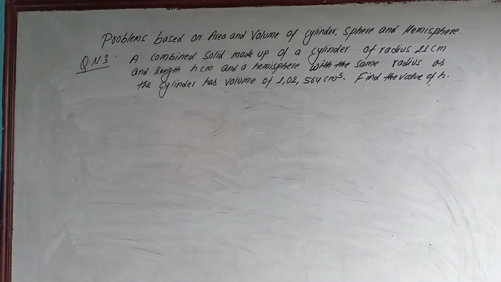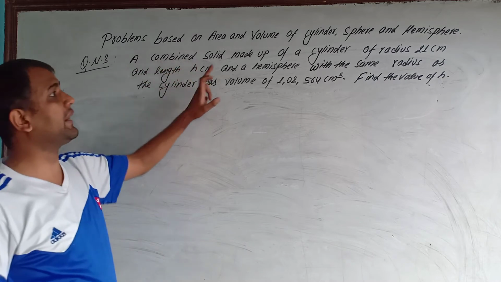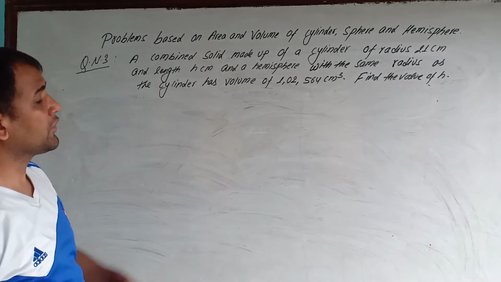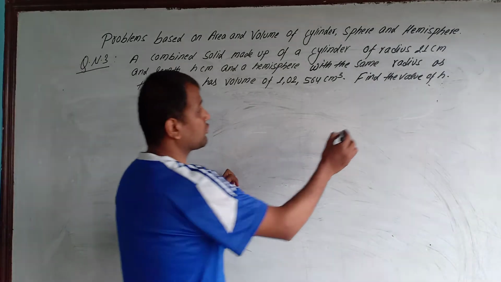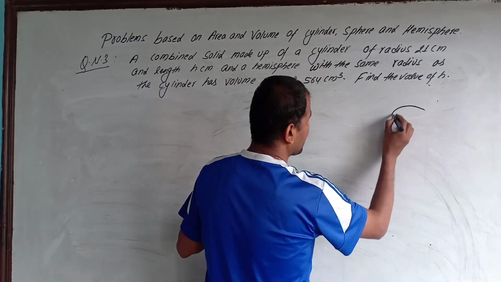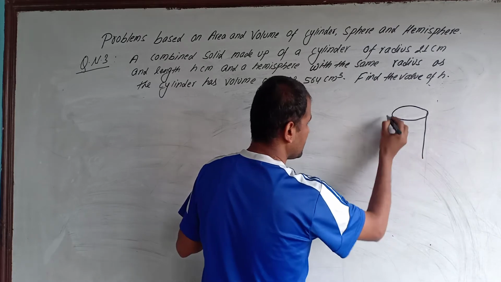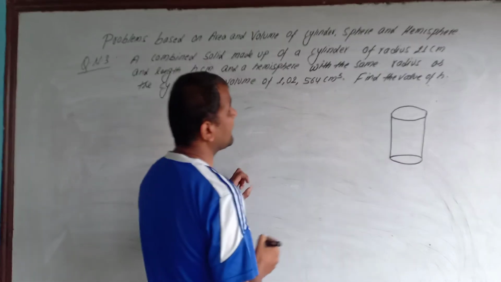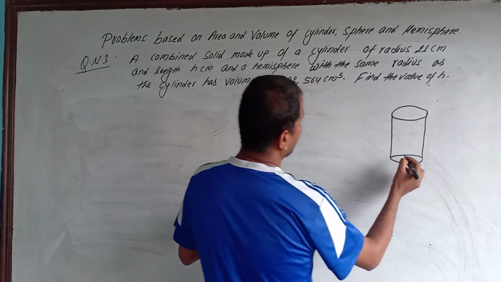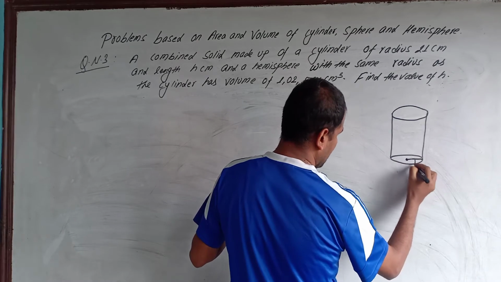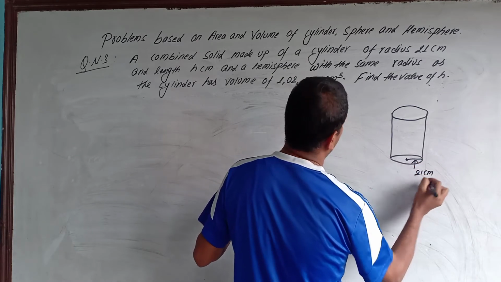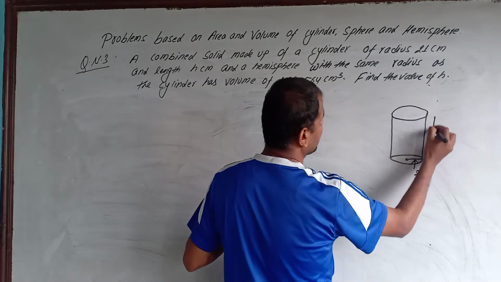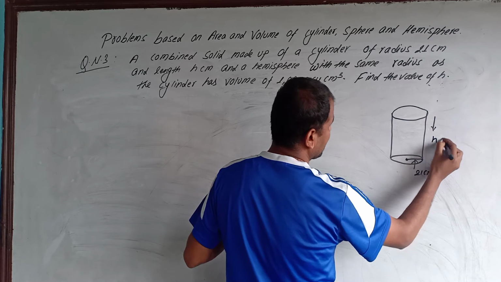This is given here. A combined solid is made of a cylinder of radius 21 centimeter. It's better to draw the figure. Here is one cylinder, having the radius of the base 21 centimeter, and the length of the cylinder, that means height of the cylinder, is H centimeter.